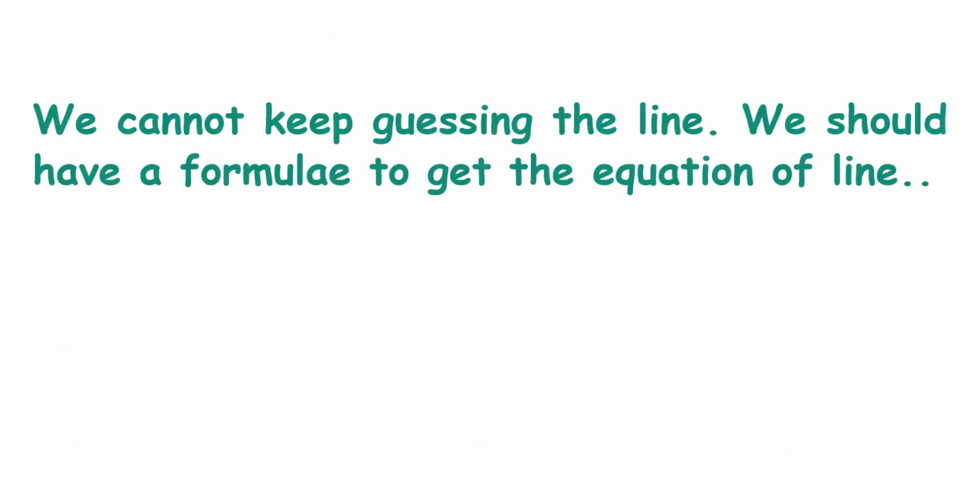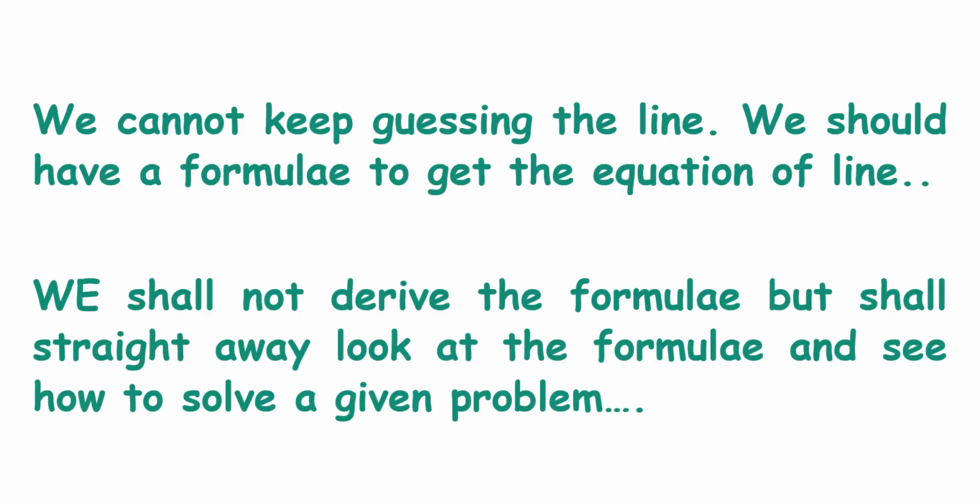So the first thing is that we shall not derive the formula, but we shall straight away get into the formula that is given by the least square method, and then we will solve a problem that will help us understand the whole concept, as well as the methodology or steps behind solving using this approach.